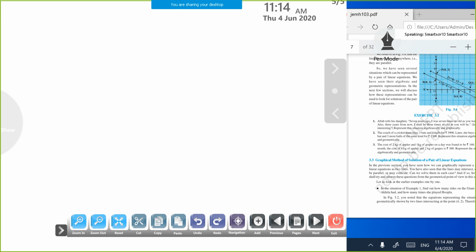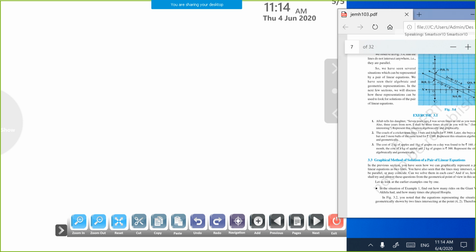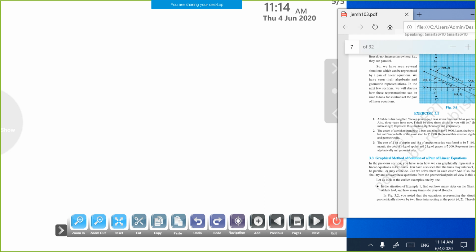The coach of a cricket team buys 3 bats and 6 balls for rupees 3,900.